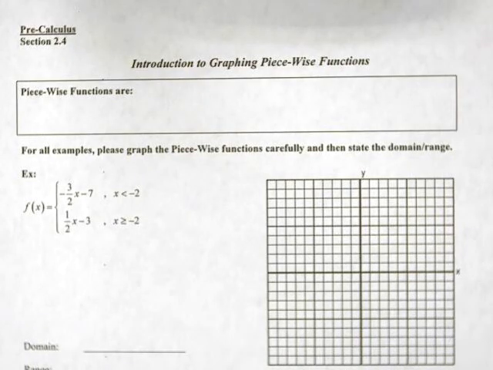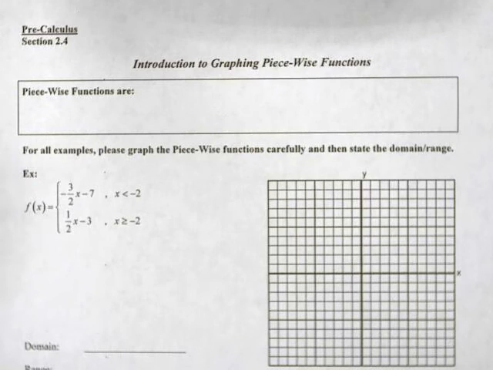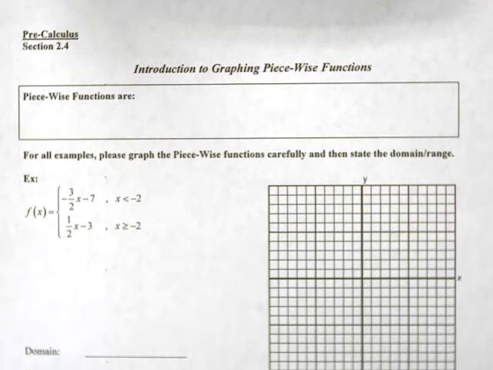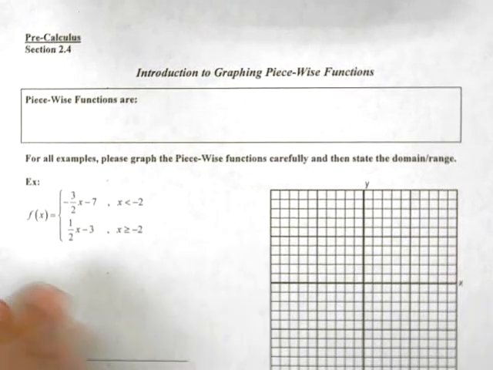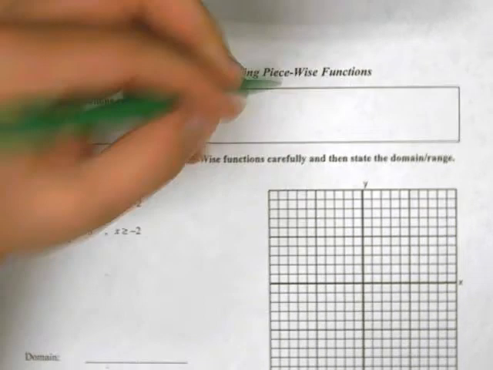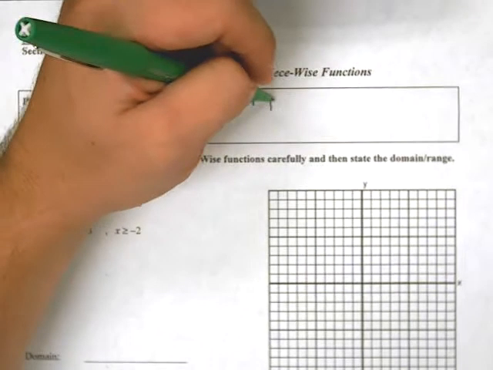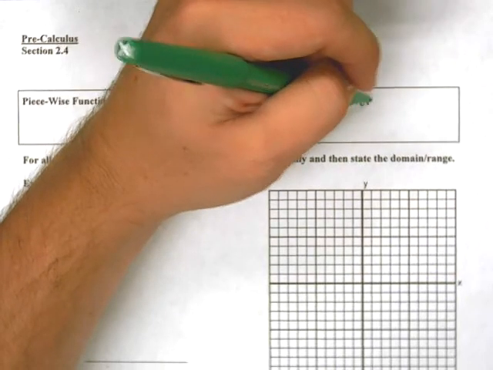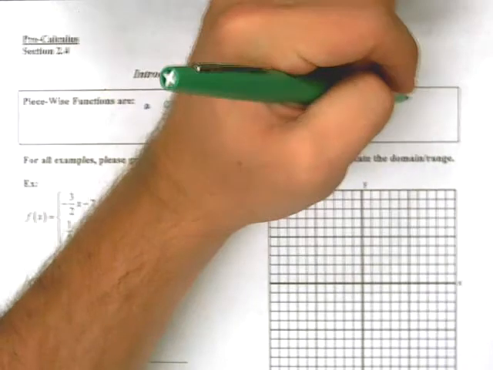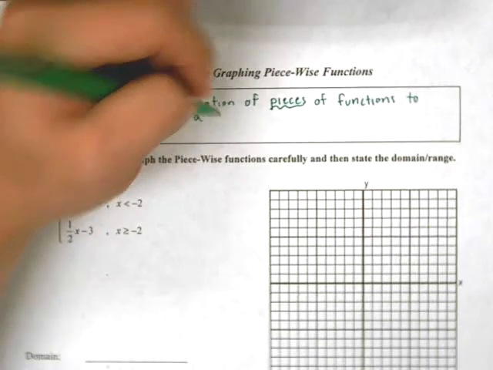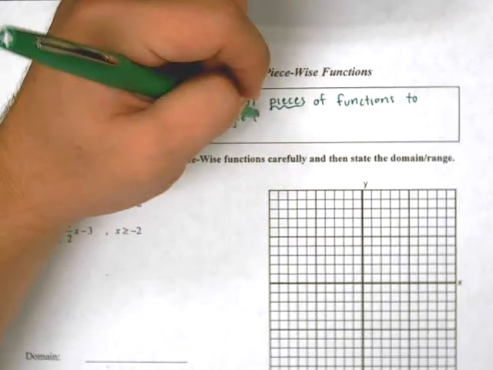So again, I don't really want you to remember any precise definition of piecewise function, except that you know that it's made up of pieces, right? So piecewise functions are a combination of pieces of functions to create a single function.